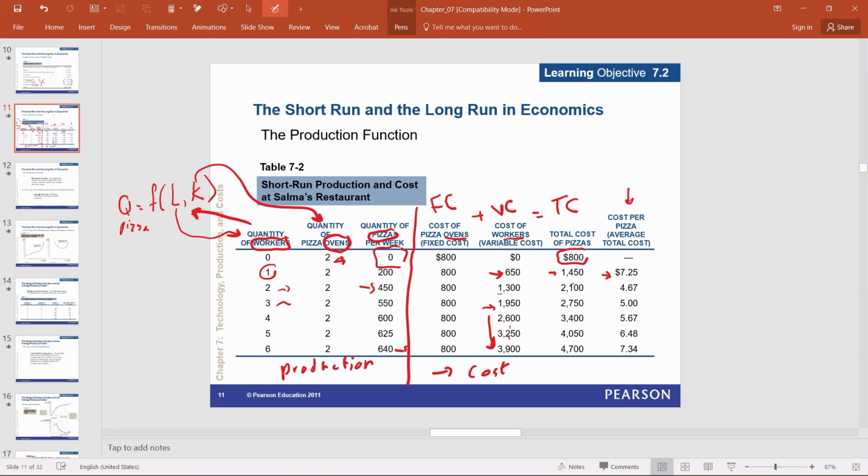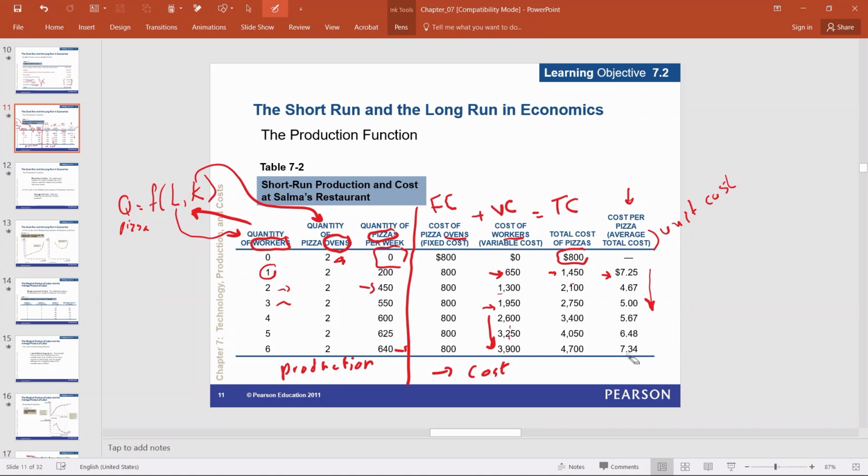Average cost is also called unit cost. How much each unit you produce costs. So as you see in these numbers, if you are going to plot this in a graph, you will find that these numbers start from a high level, and then it reduces, and then it increases as we increase production.